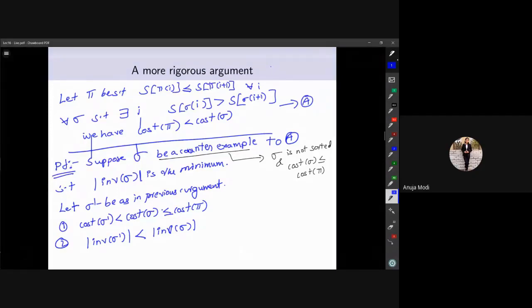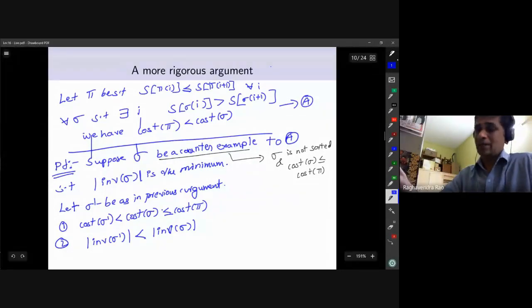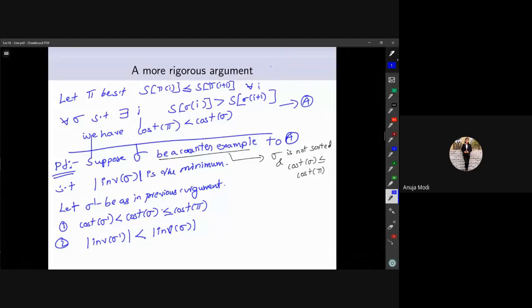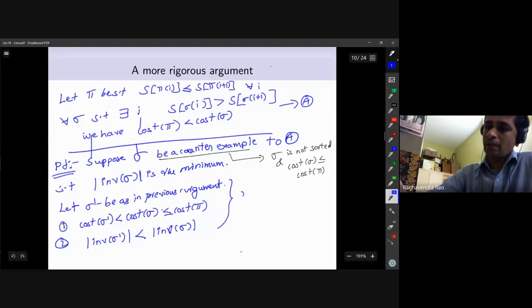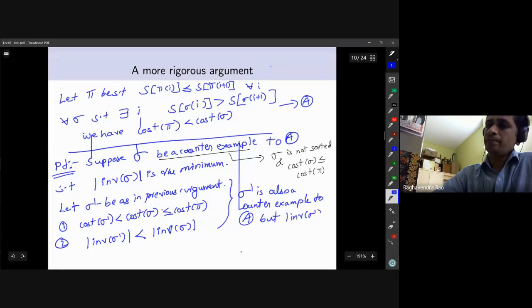We assumed that the number of inversions in sigma is the minimum, but now sigma prime is also a counterexample to A, and the number of inversions of sigma prime is strictly less than the number of inversions of sigma.